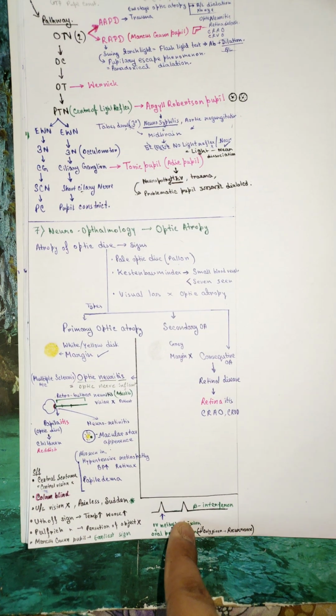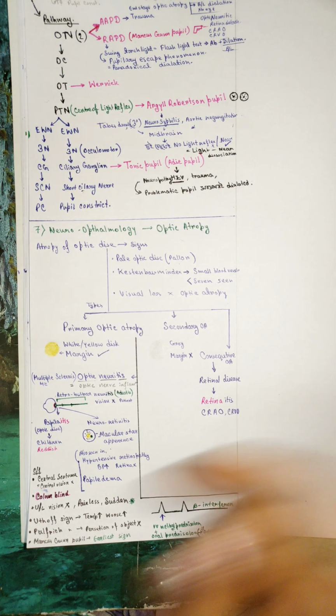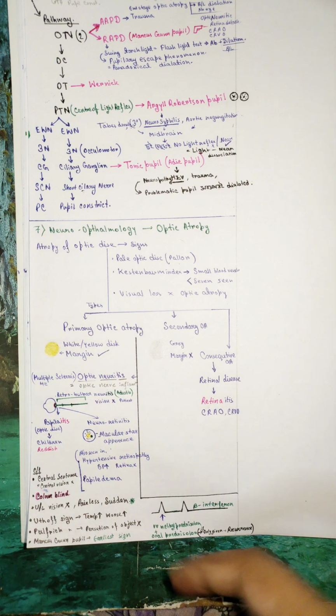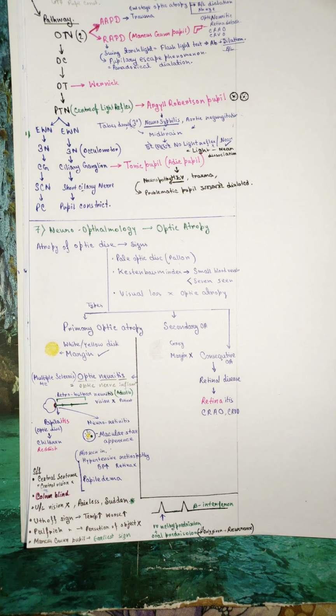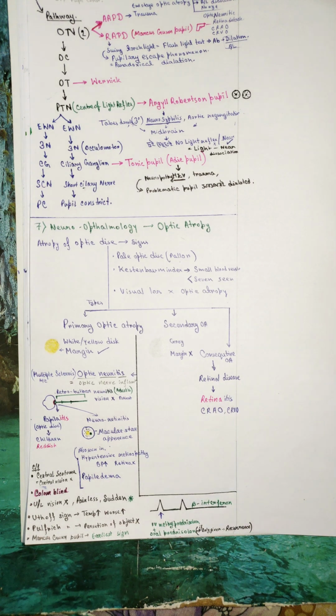By giving these drugs, it will occur in 1 to 2 weeks, so it will make recovery faster and there is less chance of recurrence. The chances of recurrence are less, and the final visual outcome is not affected. Ultimately, that's the part.